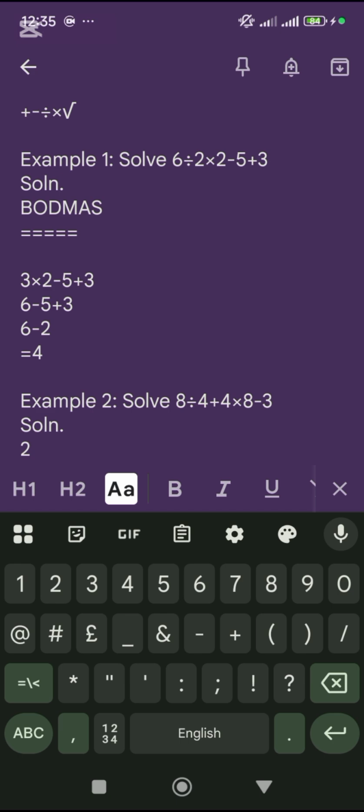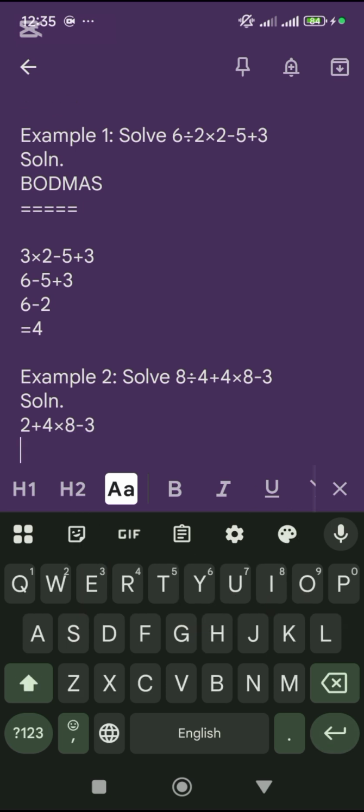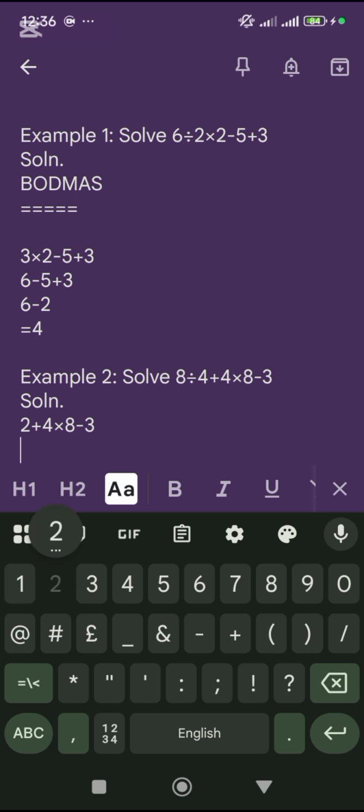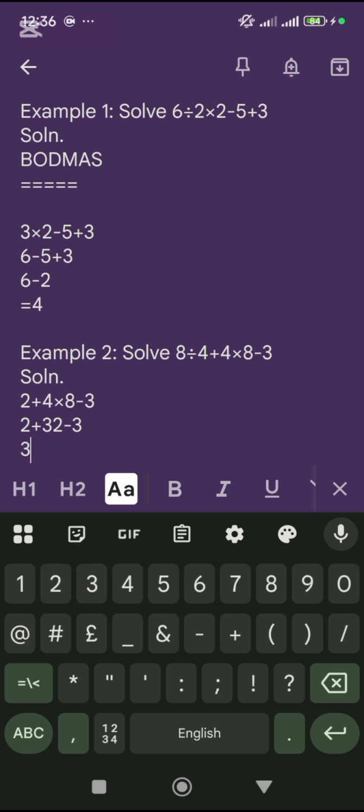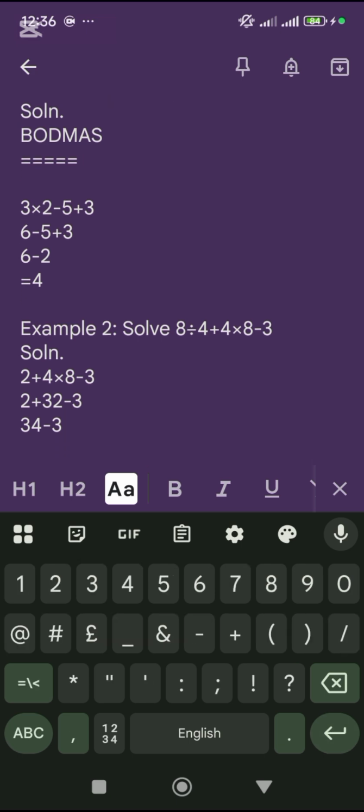That leaves you with 2 plus 4 multiplied by 8 minus 3. You can continue with the multiplication sign, because that's the next thing to do according to BODMAS. So now 4 times 8 is 32, minus 3. The next thing to do is to add, so that you have 2 plus 32, which becomes 34, then minus 3, and your answer will be equal to 31.